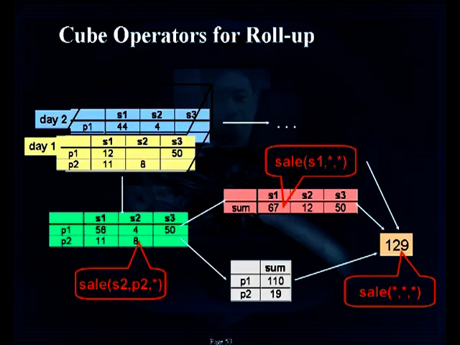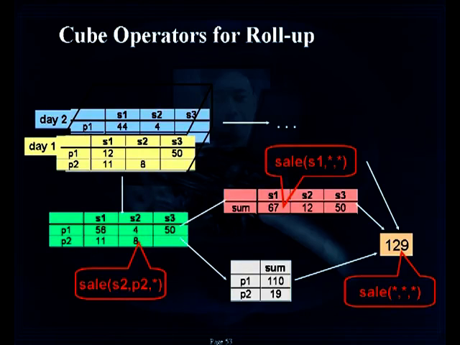So a popular notation used in representing summarization, or in other words aggregations, is represented in this fashion. In OLAP, star means all, and if a value is mentioned, then for that particular dimension value the total computation is made. In a similar way, you can extend the argument by taking the dimensions over all dates. For example, sale star P2 comma star means the total sales for product P2 over all stores and all dates.